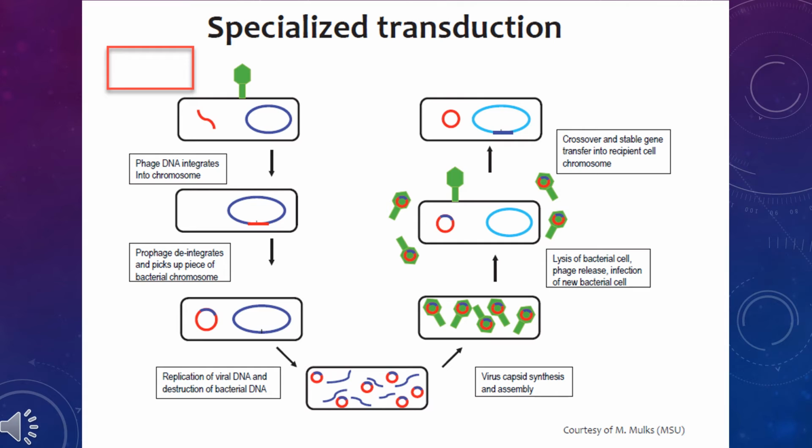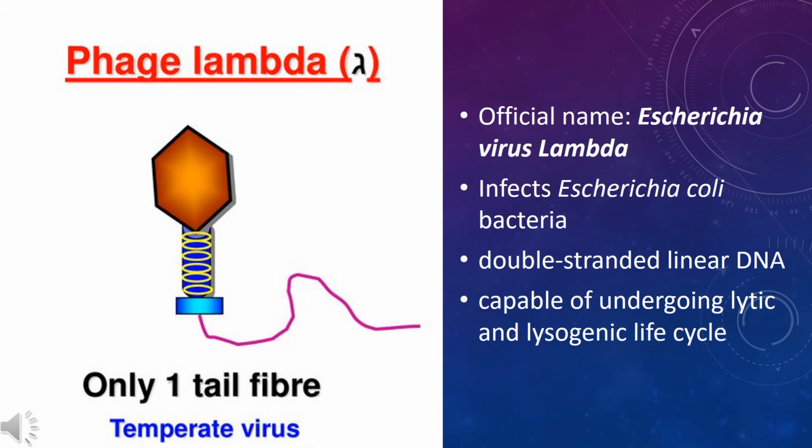Now both phage and bacterial DNA become integrated into the new host chromosomes. Now, only bacterial genes located near the site of integration of the phage DNA can be transduced, hence the term specialized transduction.